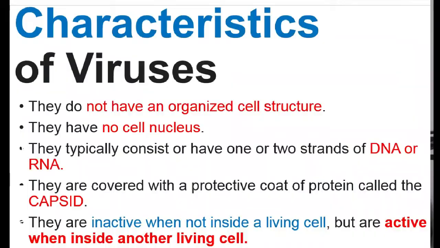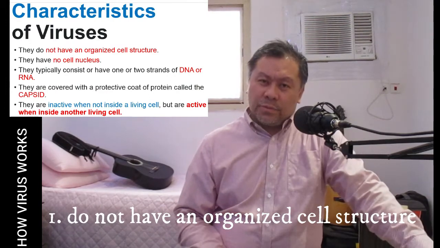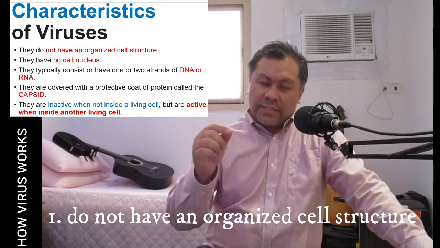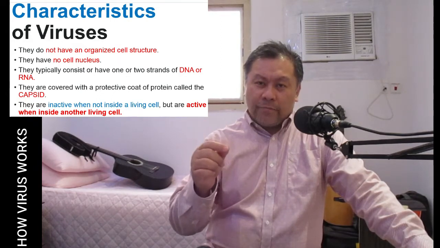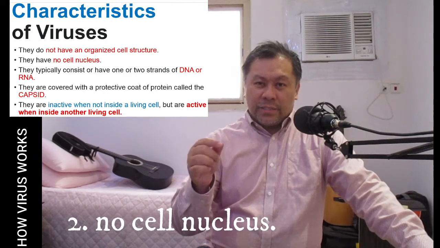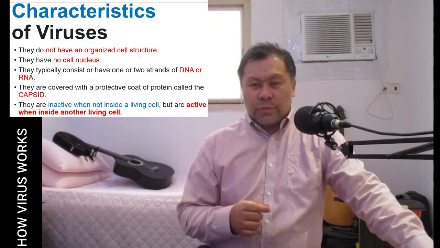And what are the characteristics of viruses? One characteristic of viruses is they do not have an organized cell structure. They have no cell nucleus. The nucleus in a cell is the center, the most important part of a cell. So, mind you, a virus has no cell nucleus.